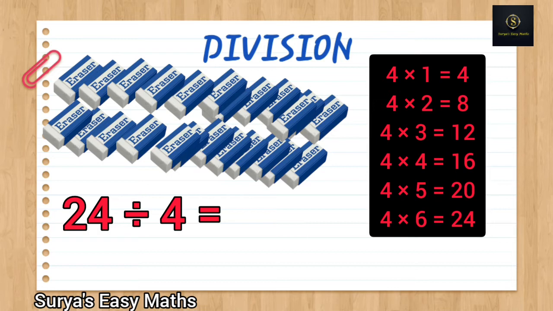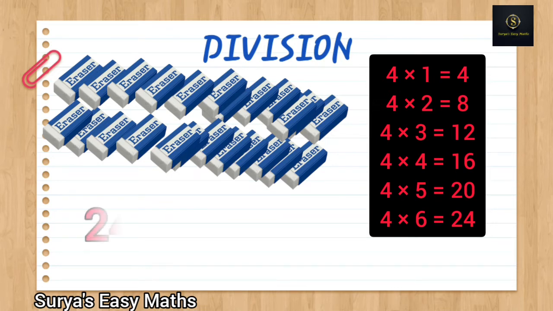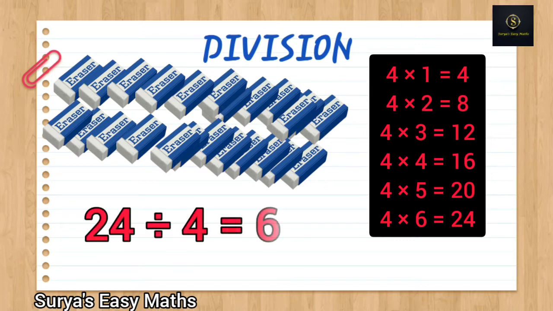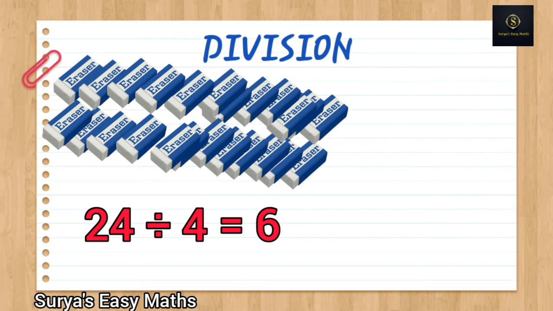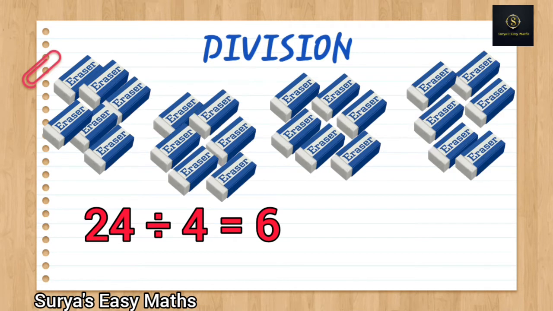Yes, 4 sixes are 24. So when we divide 24 by 4, we get 6 as the quotient. That is the answer. So here I write 6 as the answer. Therefore, each group will get 6 erasers.